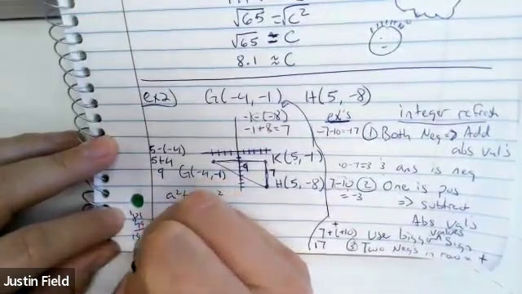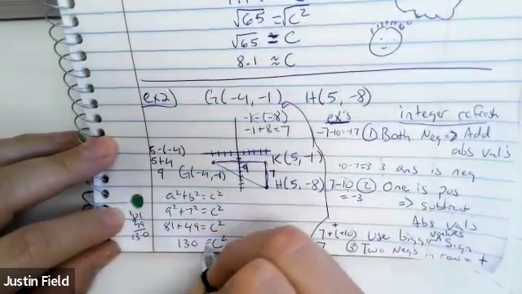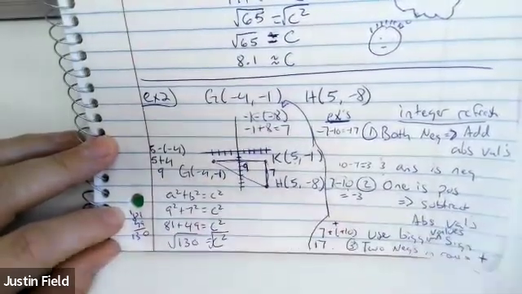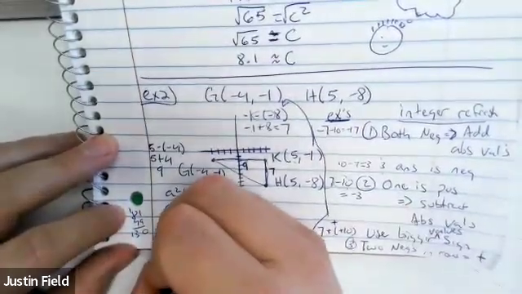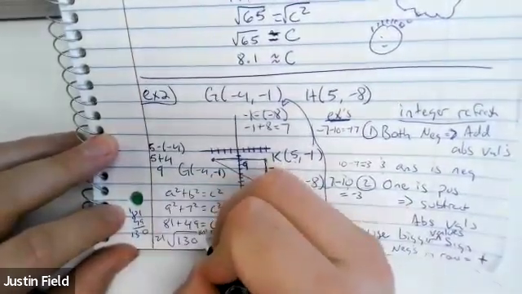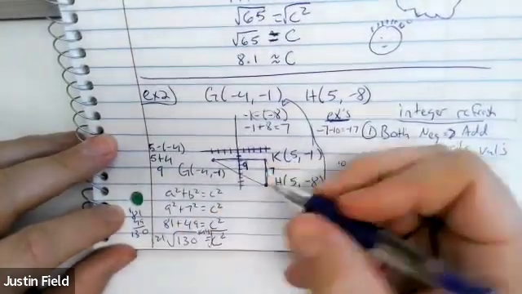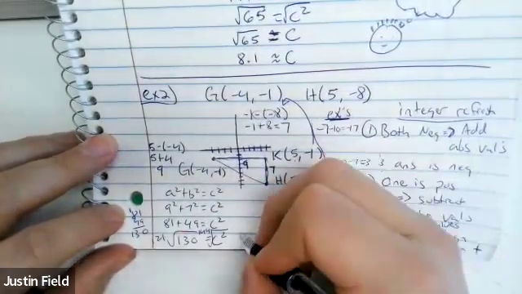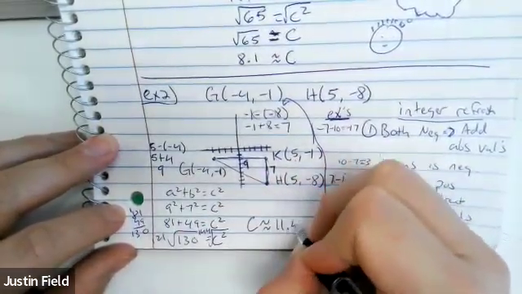That's 130. C squared equals 130. Square root both sides. And what is that? 130 is in between 121 and 144. It's like 9 away, 14 away. So maybe 11.4.